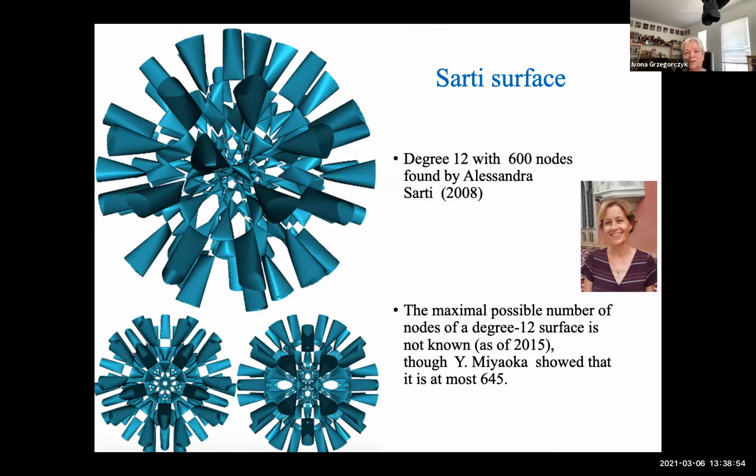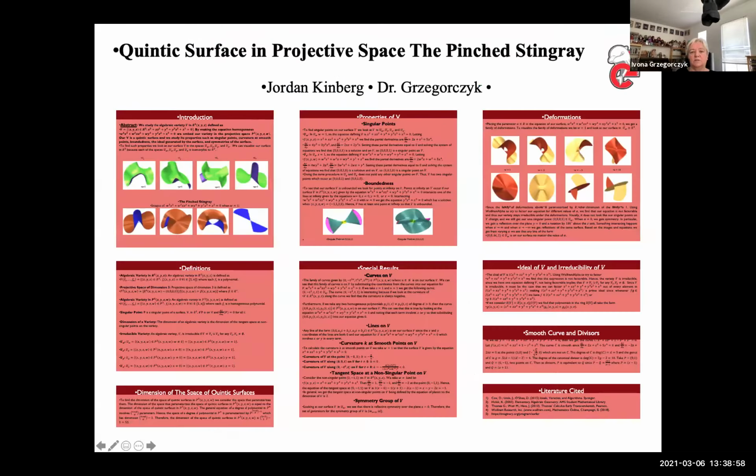One of the things that I have done with my students is to have them study a specific surface that was given to them and study all its properties. This is one of the posters from one of the conferences, and the name of the surface was given by the student. Now look, what we're talking about so far are the surfaces that are in real space.